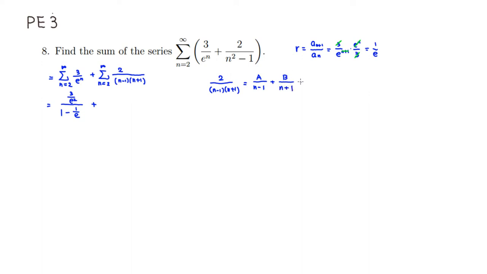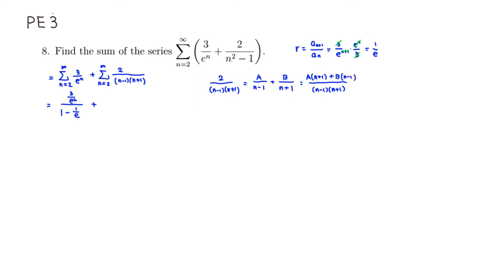I'm going to put them all back together over n minus 1 times n plus 1, and on top you multiply by n plus 1, so a times n plus 1 plus b times n minus 1.